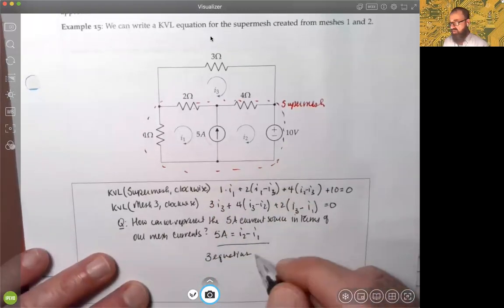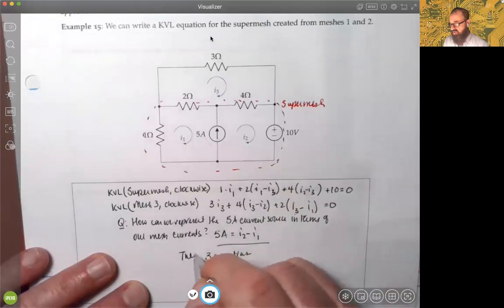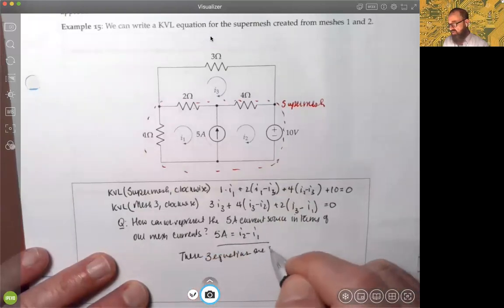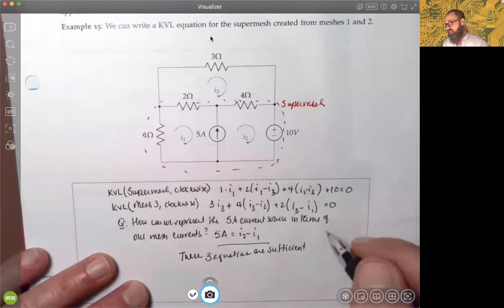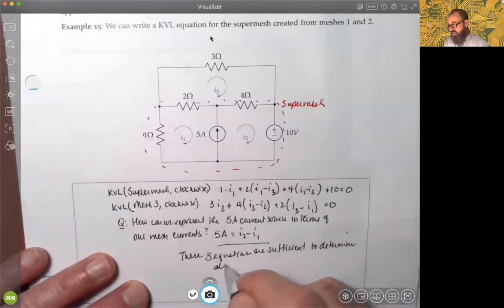So we could say these 3 equations are sufficient, and they're linearly independent too, to determine all 3 mesh currents.